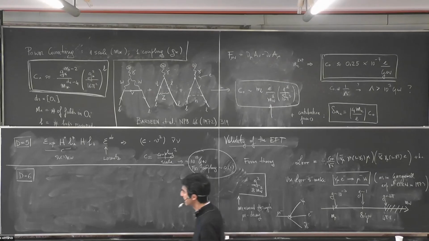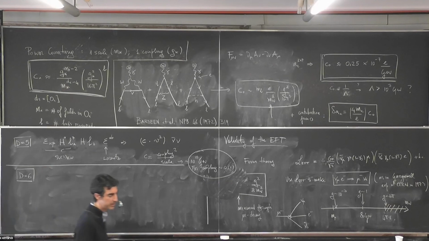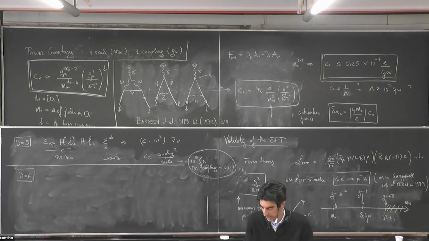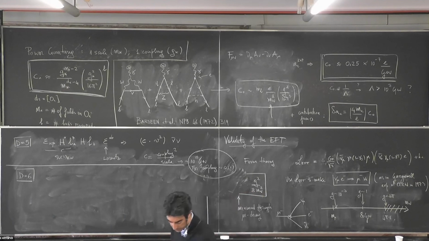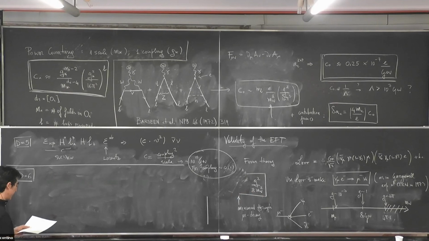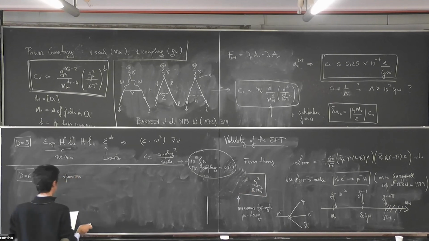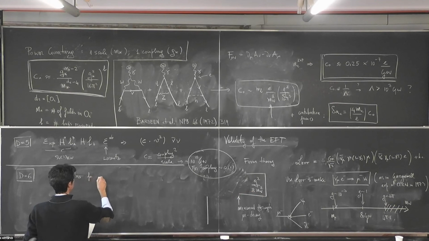Let me just flash here the structure of the operators, and then maybe during the discussion session, I can answer your questions and give more details. Now, of course, the task of classifying the dimension 6 operators is a more difficult one, because it turns out that there are 59 operators, the linearly independent ones for one family.